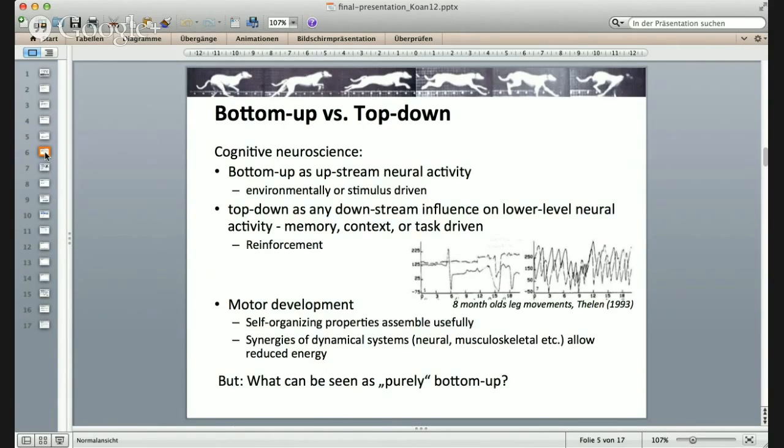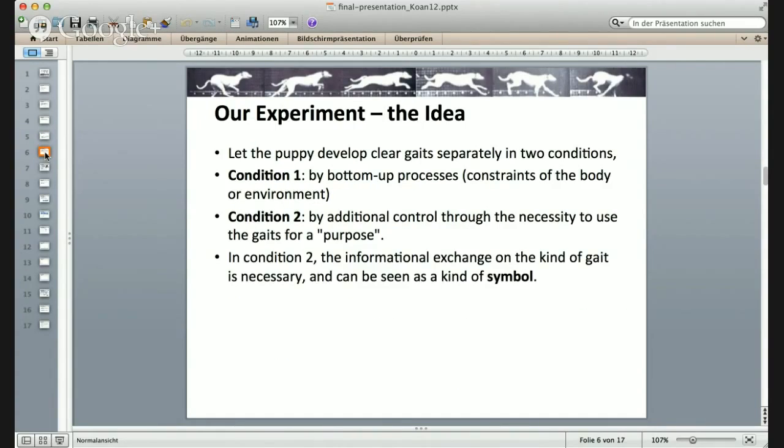And the idea was then to compare those two conditions in an experiment by implementing only bottom-up processes in gates. We were deciding on gates, and they develop in an agent through bottom-up. And the second condition was to use these gates for a purpose, or to reinforce them in some way, so that there is a top-down connected to the bottom-up.